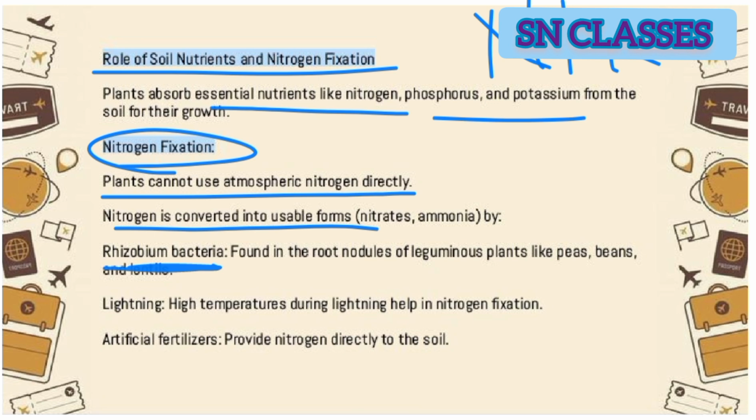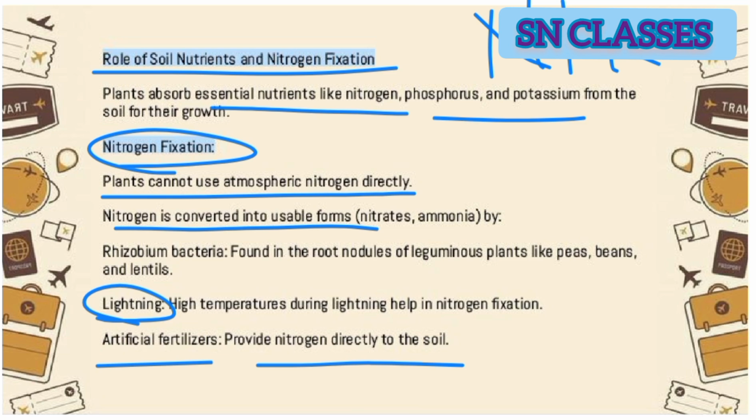The rhizobium bacteria are found in the root nodules of leguminous plants like pea plants, beans and lentils. The high temperature due to lightning also helps in nitrogen fixation. The artificial fertilizer provides nitrogen directly to the soil.